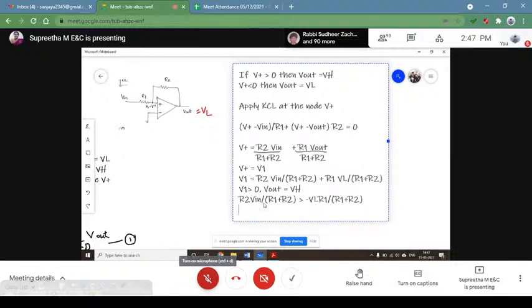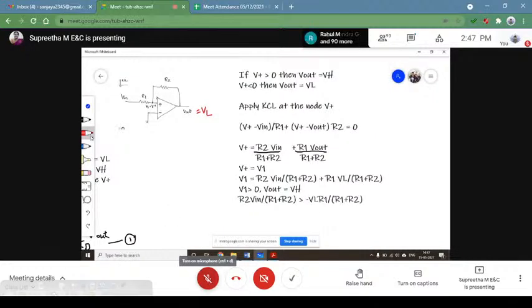Can we do that by taking V1 to be greater than 0? I'm putting one term to the other side and V1 is greater than 0, so this whole term is greater than 0.